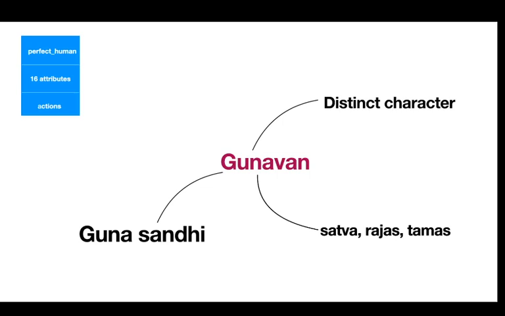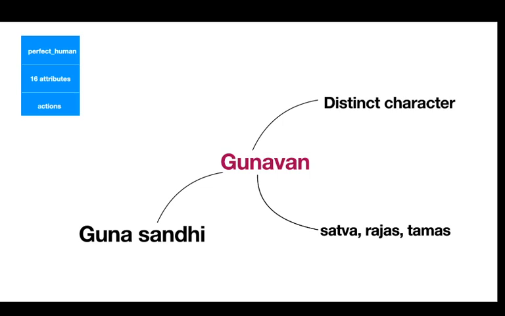Also, very interestingly, in Paninian grammar, there is the concept of guna sandhi, that is the way of combining two different letters. Very interestingly, combining a plus u to make it o is a part of guna sandhi.